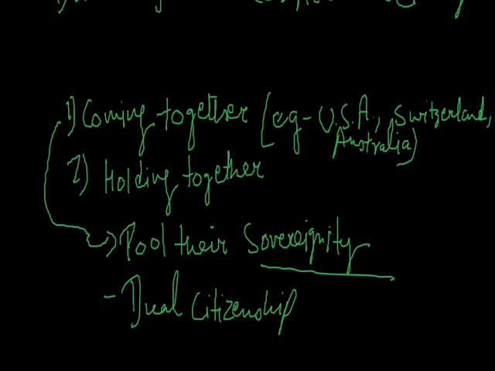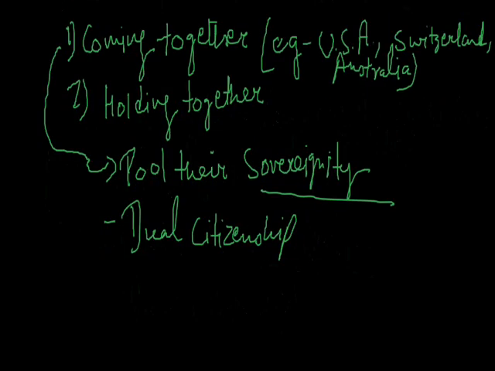If I talk of a state, then if pure federalism had been there in India, we would be having citizenship of India and Rajasthan. Now see, I repeat once again, we will discuss coming together federalism. Actually, it is the pure form of federalism.